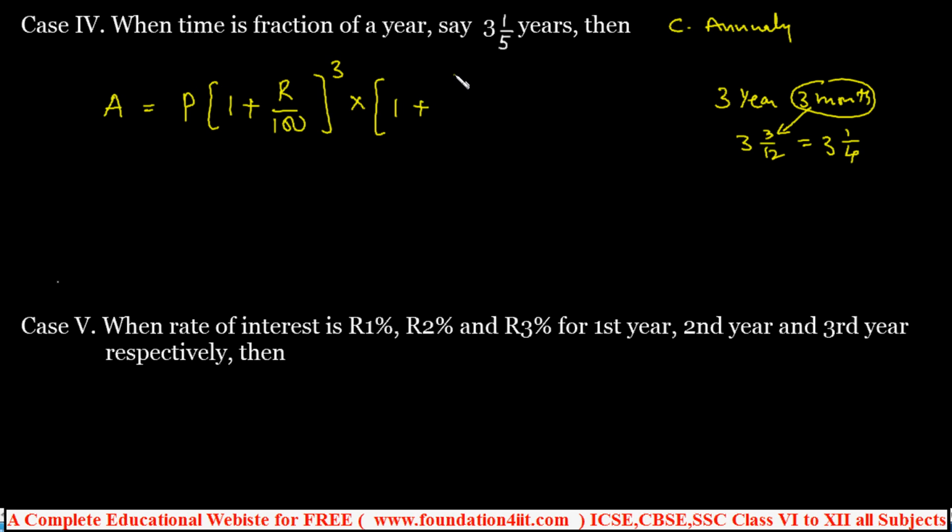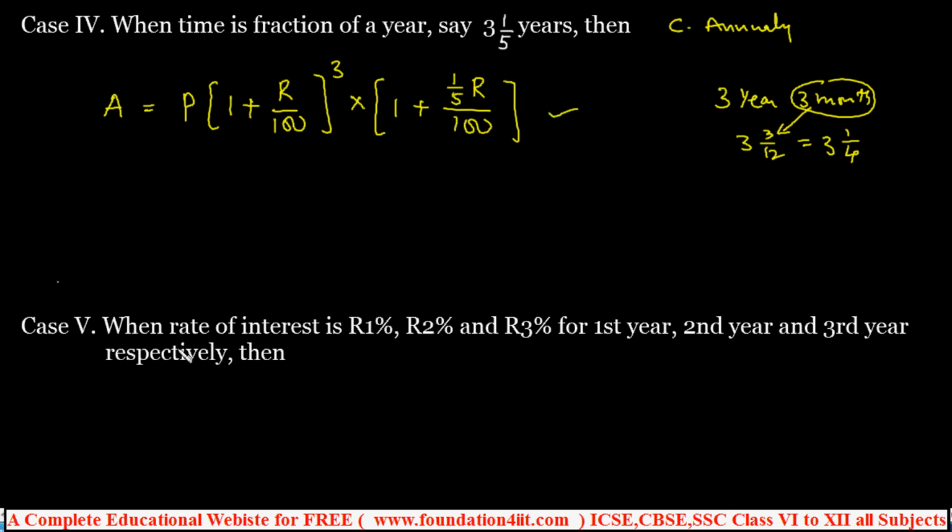T is 1 by 5, the time. This is also in years but in the form of months. 1 by 5 R by 100. We will not keep any power. So 1 plus 1 by 5 R by 100. Same, so this is 3 years and 1 by 5. If it is 1 by 4, 1 by 4 into R will be kept. Okay, just an example.